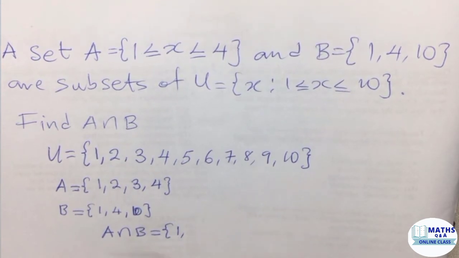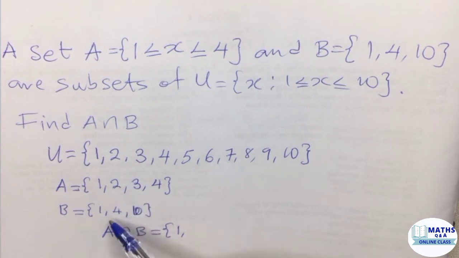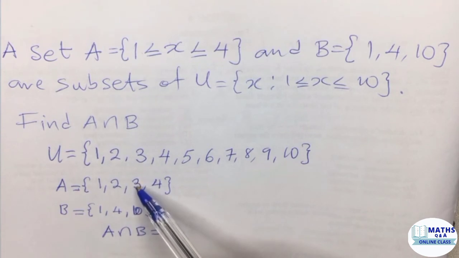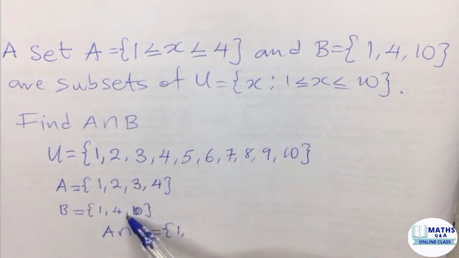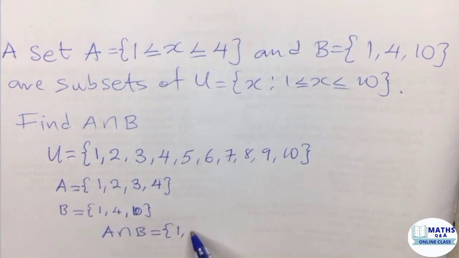Now looking at the next element in the set A, 2 cannot be found in the set B. The same way 3, even though it's in the set A, cannot be found in the set B. But it's clear that 4 is common to both sets, so 4 forms part of the intersection.